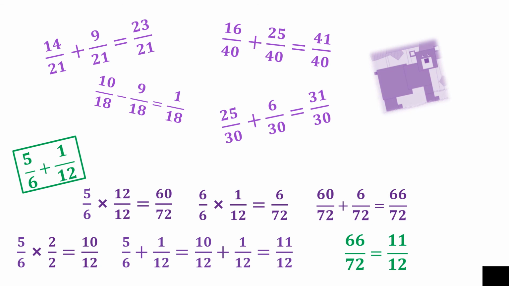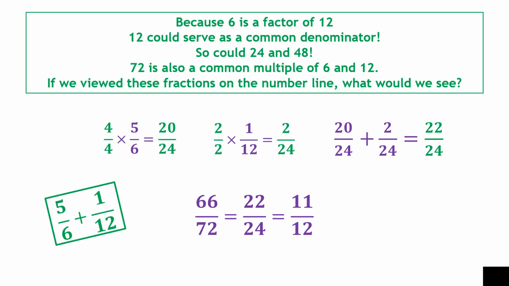We can always use the method of multiplying each fraction by n over n, where n is the denominator of the other fraction. It will always give us the right answer. Because 6 is a factor of 12, we could see that in the last addition, 12 could serve as a common denominator. But so could 24 and 48.